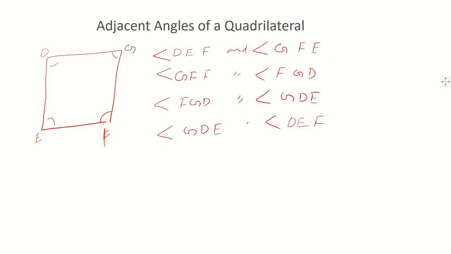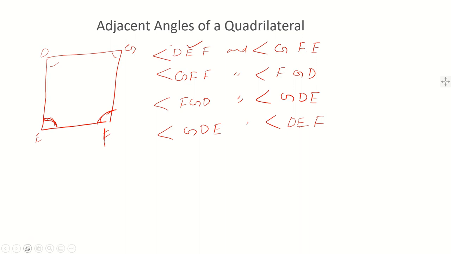Angles of a quadrilateral which have a common vertex, a common arm. What is common arm? Here is an angle. First angle considered was this, DEF. The other angle considered was this, right? Let me change the color of the pen. You can see it clearly then.